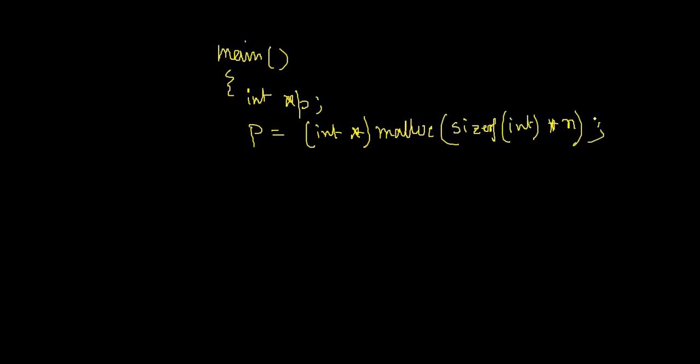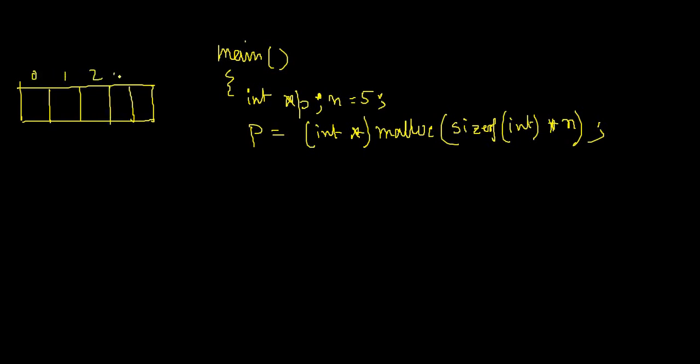Obviously n has to be scanned over here. So for the time being, let's assume n is equal to 5. With respect to memory addresses, due to execution of this second line, an array of 5 consecutive memory locations, 0, 1, 2, 3, 4, will be dynamically declared, and it is pointed to by P.